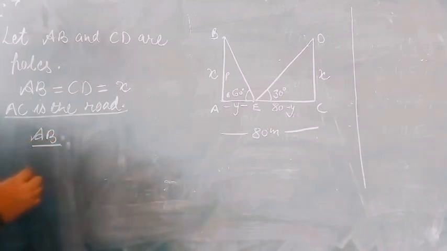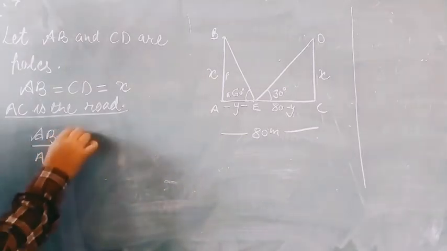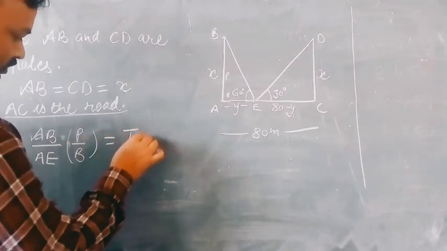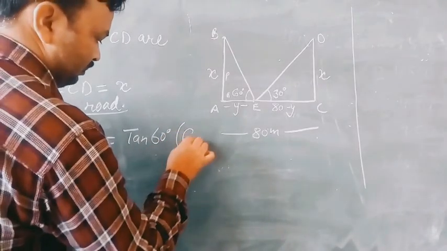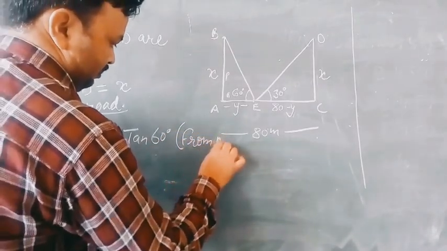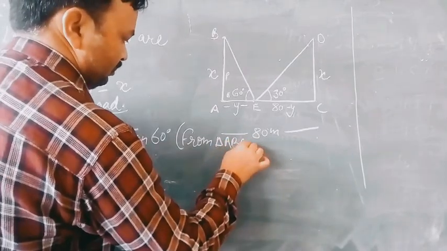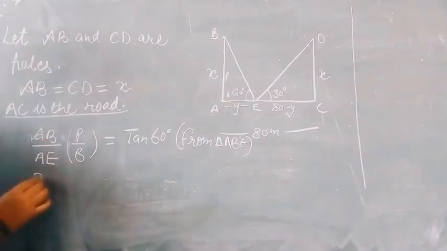So perpendicular upon base, that is AB upon AE, will be equal to tan 60 degree.